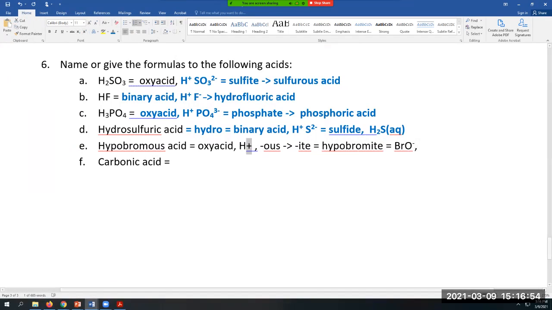Let's rewrite H+, and then BrO-. And so you see that you have 1 positive charge for 1 negative charge. So they cancel out, and you need 1 of each ion. And so hypobromite, or hypobromous acid, would be HBrO.